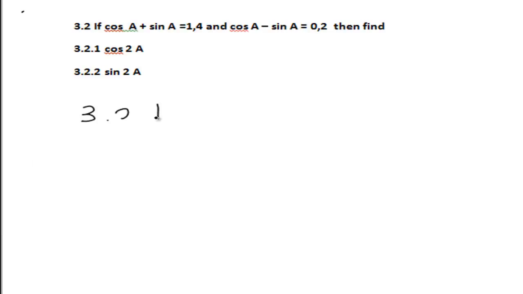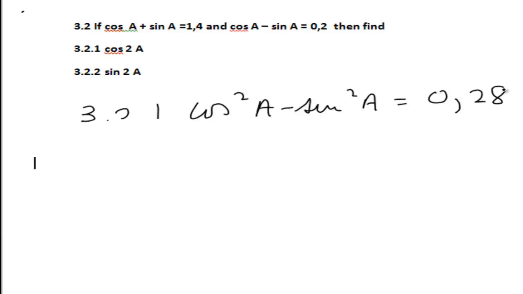So if I multiply both of them out, cos a plus that times that, I will get cos squared a minus sine squared a, and all I need to do is to multiply 1,4 by 0,2, which is 0,28, and that's cos of 2a, which is 0,28.